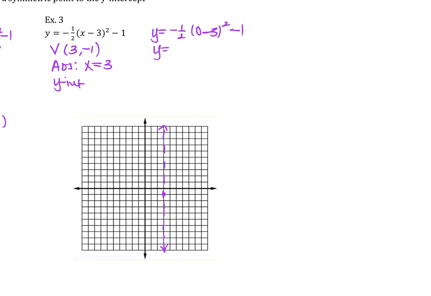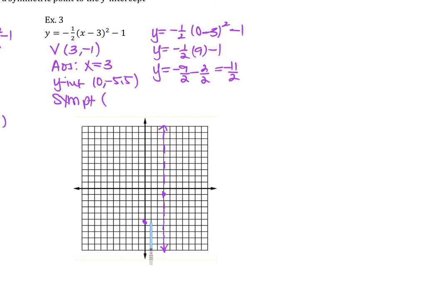So that's going to give me, let's see, negative 1/2 times 9 minus 1. So negative 9 halves minus 2 halves would give me negative 11 halves. So that's negative 5.5. So my symmetric point, if we reflect that over the axis of symmetry, we'll end up at (6, -5.5).